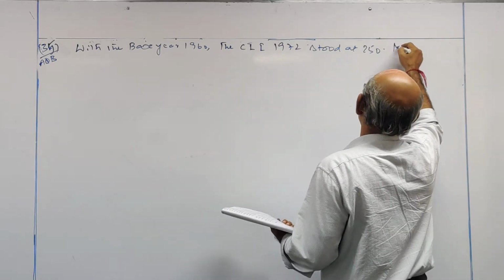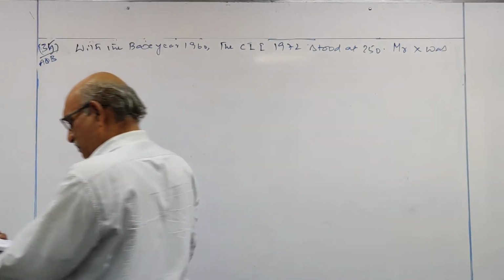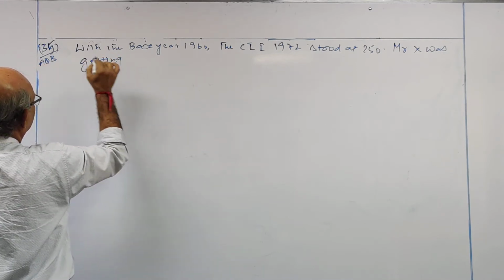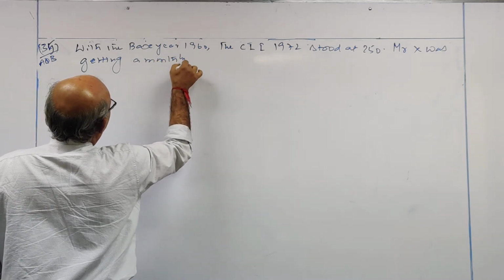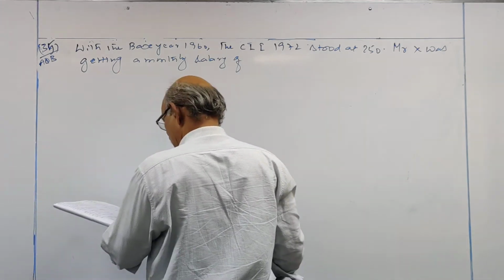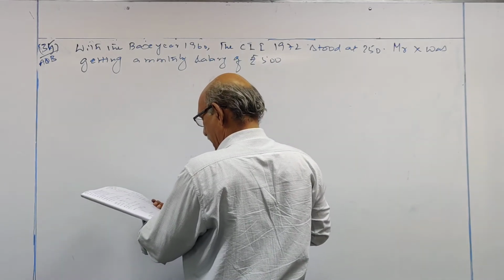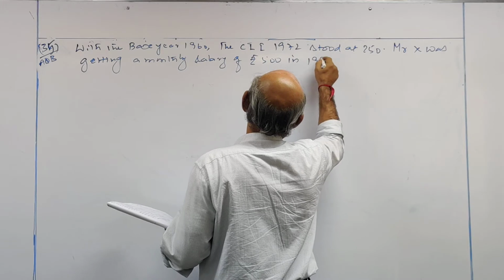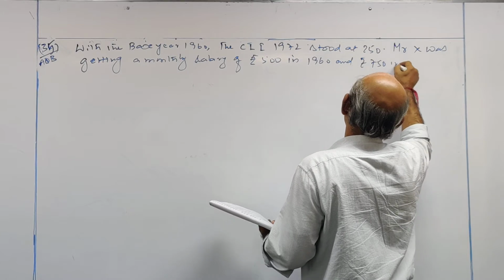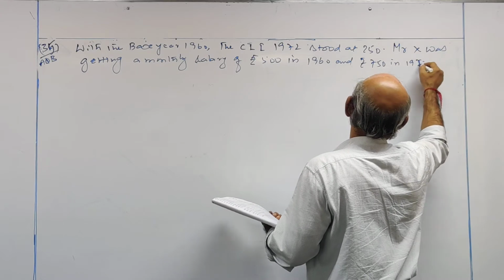Mr. X was getting a monthly salary of rupees 500 in 1960 and rupees 750 in 1972.